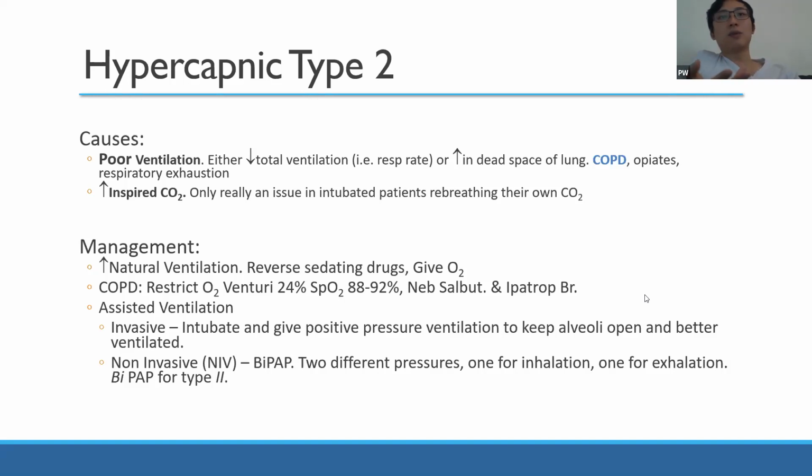So if they can't ventilate by themselves or it's insufficient, you can do two types. You can have either invasive ventilation, where you're intubating people, giving some kind of inspiratory positive airway pressure, expiratory positive airway pressure, and basically breathing for them with a tube down their throat. Or you can do non-invasive ventilation, which is putting a mask on their face, and this machine just blows air in, blows air out.